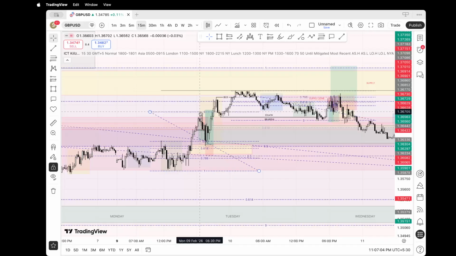Why? Because the price did not even slow down at the order block. It just came and went away. So this is one of our old rules, that the price should slow down near the order block.